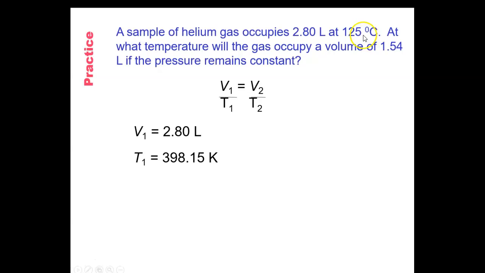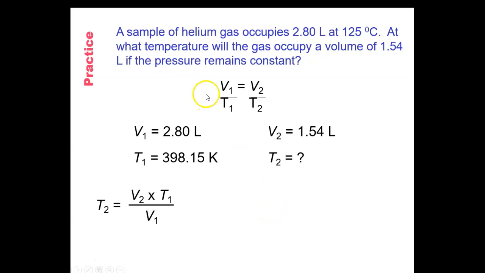We can assume 2 digits after that would be 0, and we're always in Kelvin. Volume 2 is 1.54. We expect the new temperature to be lower, and so we solve for T2, which is what we're looking for, and we see that it's V2 times T1 over V1.